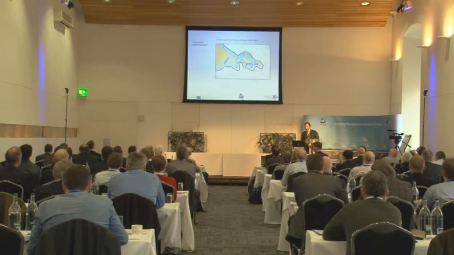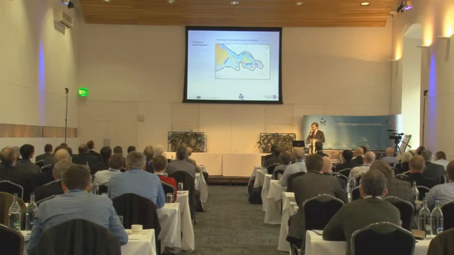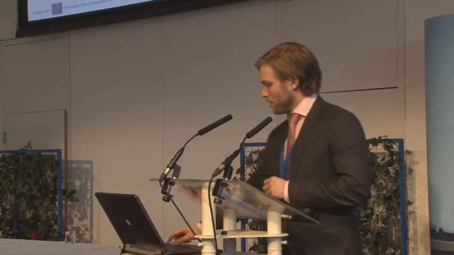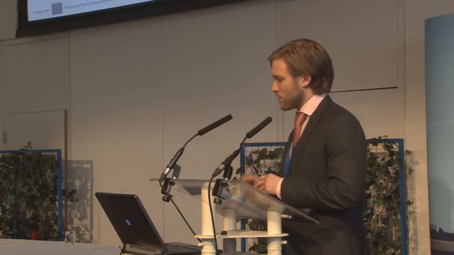We also discussed the horizontal safety distance. This is an island that a lot of you will know by now. It's in the Mediterranean, where one side of the island is very steep, and the other side is more shallow water.